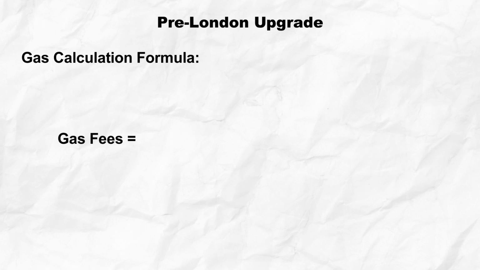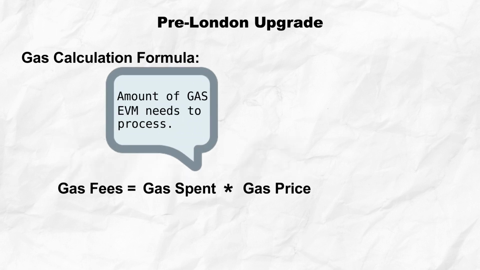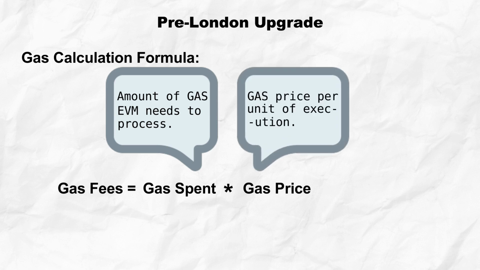Gas fees is equal to gas spent multiplied by gas price, where gas spent is the amount of gas that the EVM needs to process the transaction, and gas price is the amount you are willing to pay per unit of execution. The cheapest transaction in terms of the amount of gas required to execute is the transfer of Ether from one account to another.